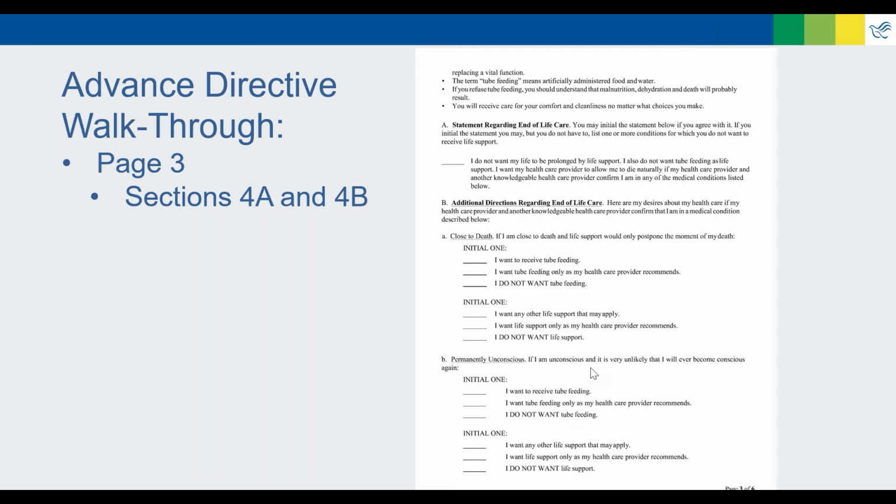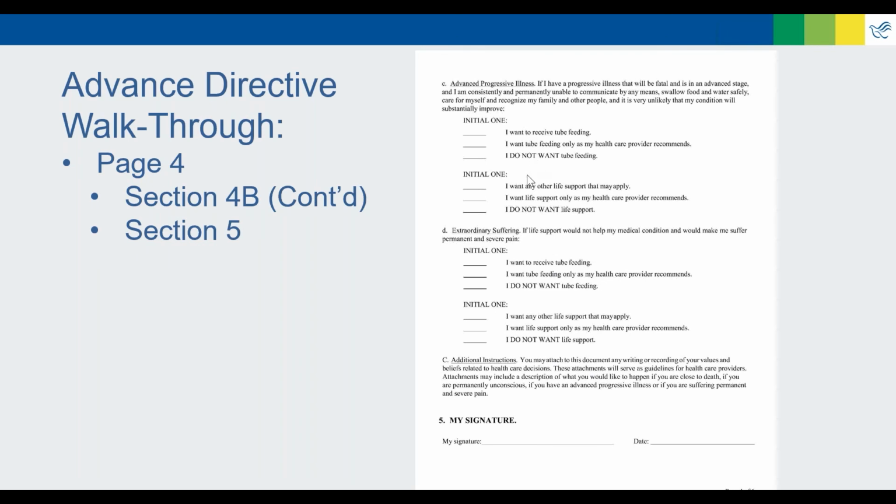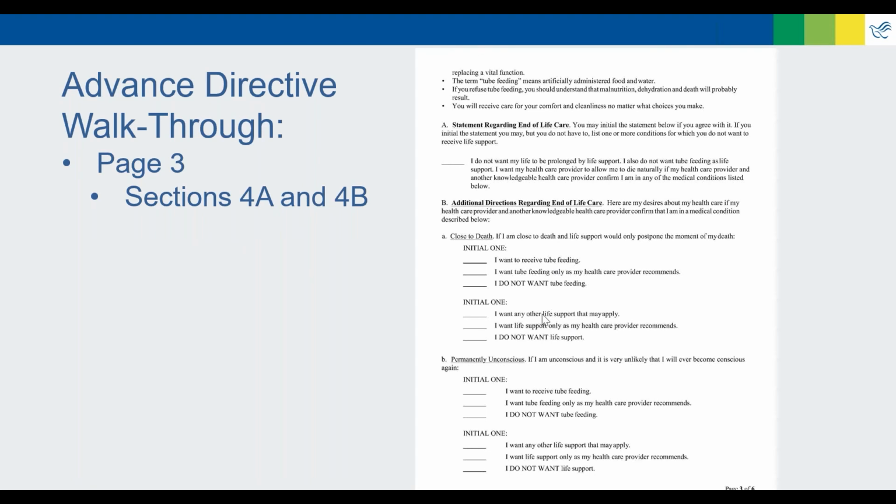So you'll see the repetition of the choices about tube feeding and about life support in each of the 4 categories. And I'll just read what they say here under close to death. If I was close to death and life support would only postpone the moment of my death, I can initial one of these choices regarding tube feeding. I want to receive tube feeding. I want tube feeding only as my healthcare provider recommends, or I do not want tube feeding.